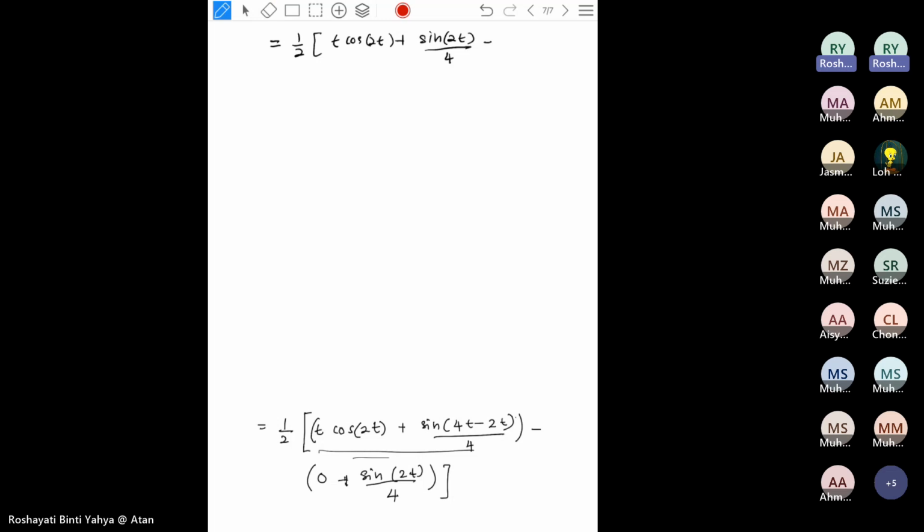Sekejap, sin 2t. Saya ada silap mana ke? Minus sin 0, sama.